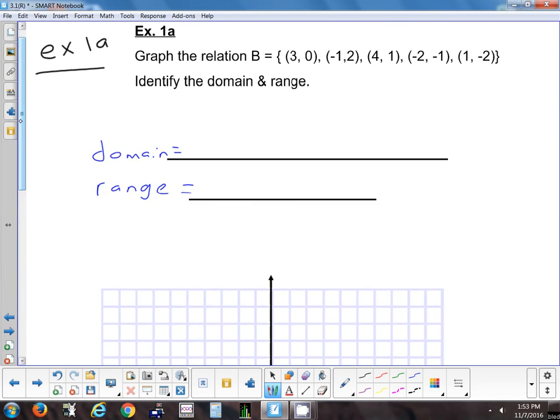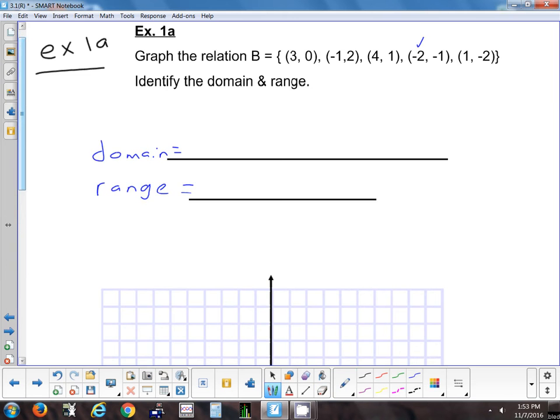Now they want us to identify the domain and the range. When I write the domain and range, if we can, let's try to put it in order, rather than just a list of numbers out of order. So look at your x values. What's the lowest x value that I have? I'll check them off as I go, so that way I can remember. -2.